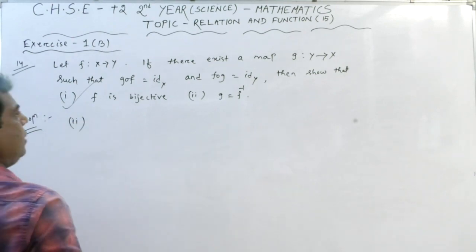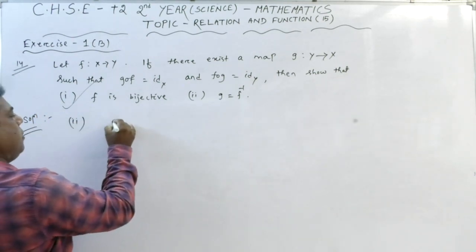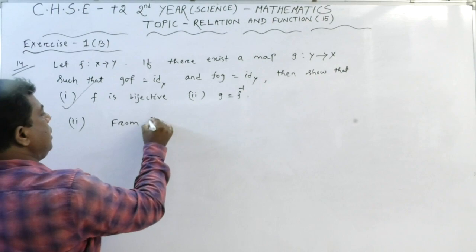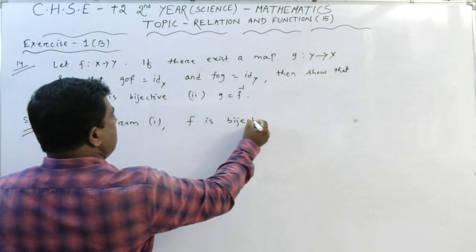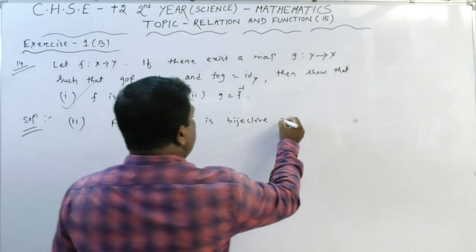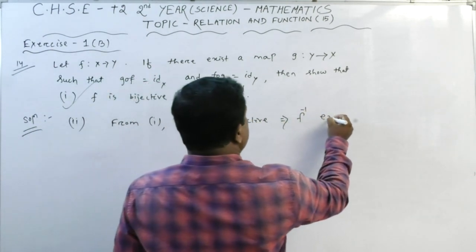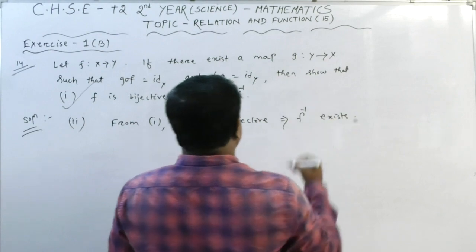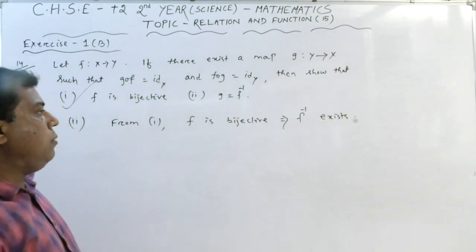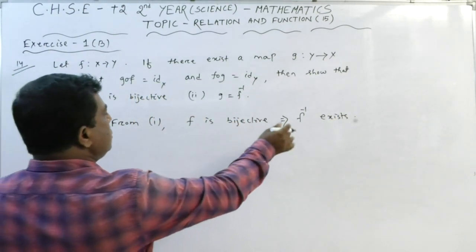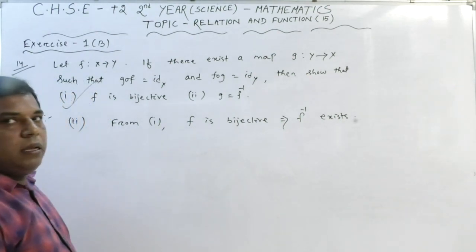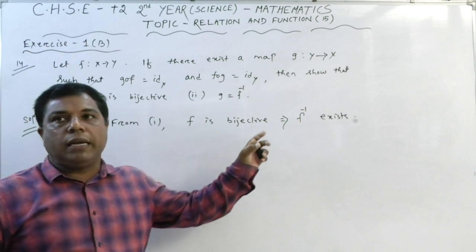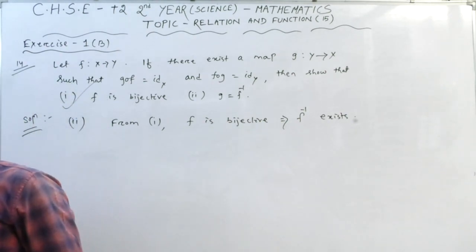So we can say, now from 1 it is clear f is bijective. So f is bijective, that implies f inverse exists. So f inverse can be found. Clear, my dear students? As f is bijective, that implies f inverse exists.